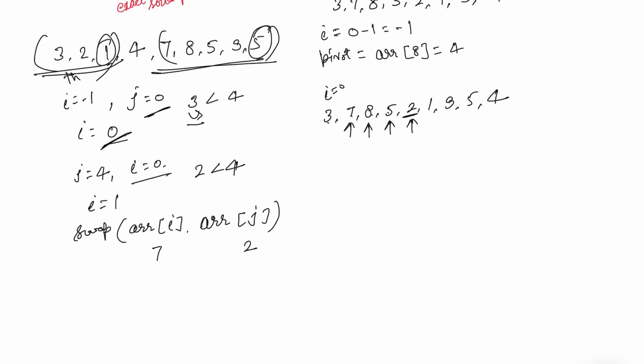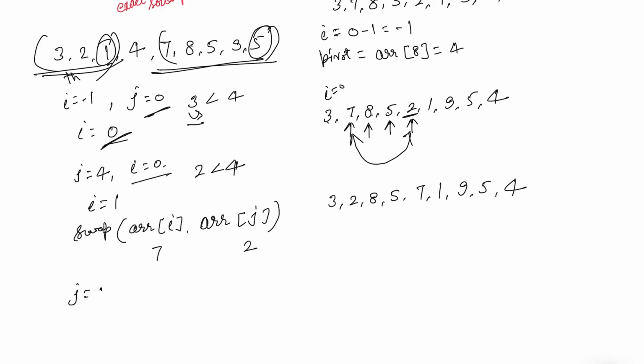So we will have to swap this 2 with the first index element. So after swapping, what will happen? 3, 2, 8, 5, 7, 1, 9, 5, 4. Okay, swapping done.